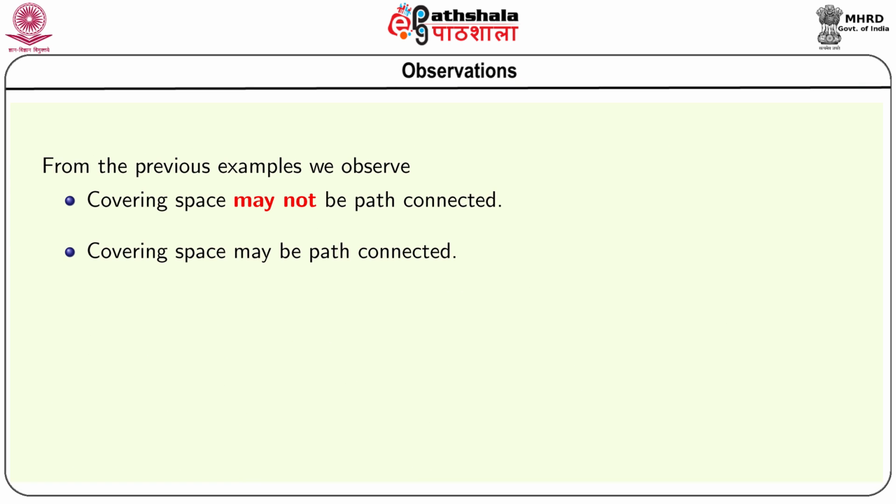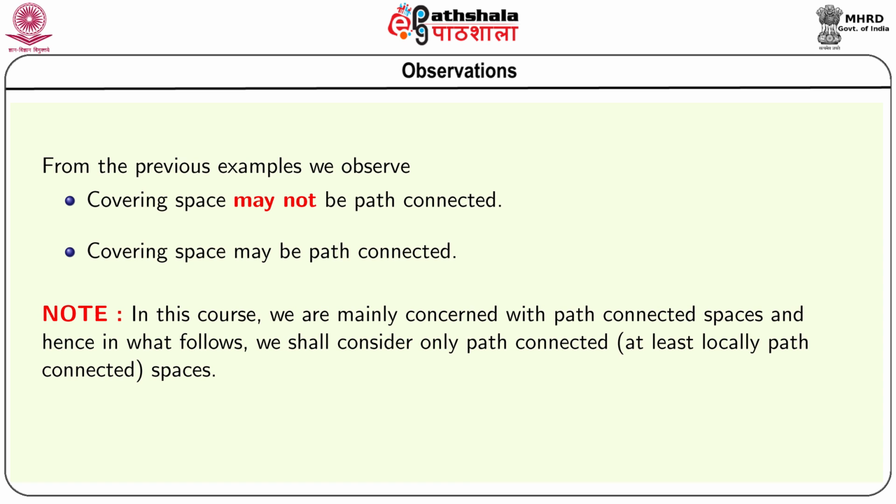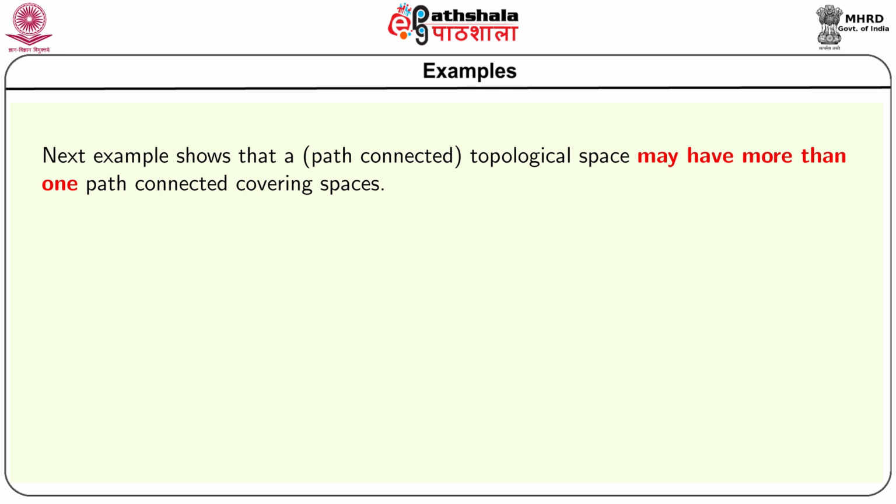Now, from these previous examples, we observe that a covering space may or may not be path connected. In this course, we note that we are mainly concerned with path connected spaces, and hence in what follows we shall consider only path connected, or at least locally path connected, spaces. The next example shows that a path connected topological space may have more than one path connected covering space.